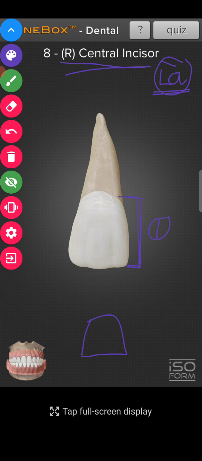Point number 2: as you see from the labial aspect, you can see this curve. This is the distal side and this is our mesial side, and this is the incisal edge, of course. The disto-incisal angle is somewhat rounded. Next, the mesial side is relatively sharper.